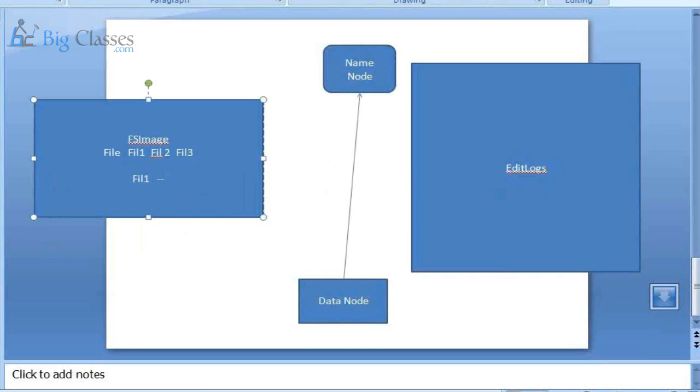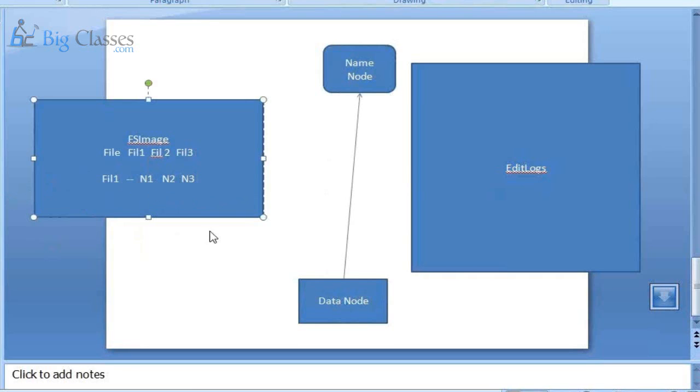File 1 is stored in 3 blocks. What are the 3 blocks here? Node 1, node 2 and node 3. It is stored in 3 blocks: node 1, node 2 and node 3.